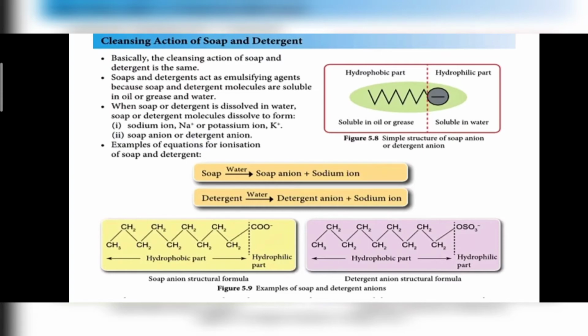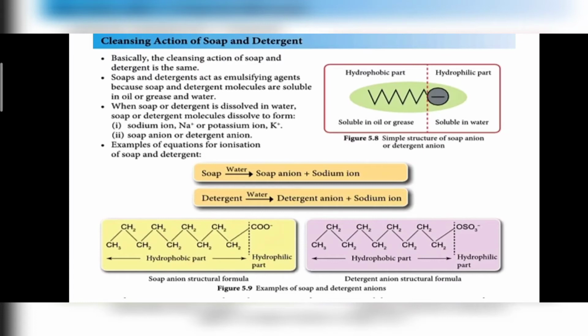So examples of equation for ionizations of soap and detergent. Soap in water, dia akan dissociate menjadi soap anion dengan sodium ion. Kalau detergent in water, dia akan dissociate into detergent anion and sodium ion.